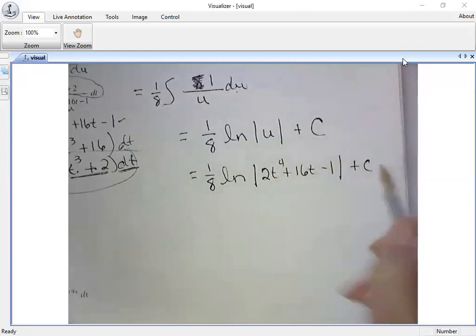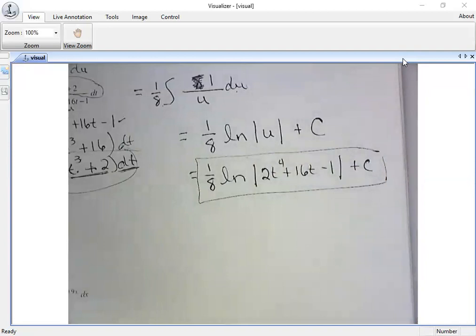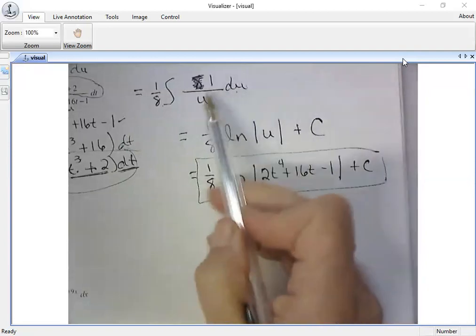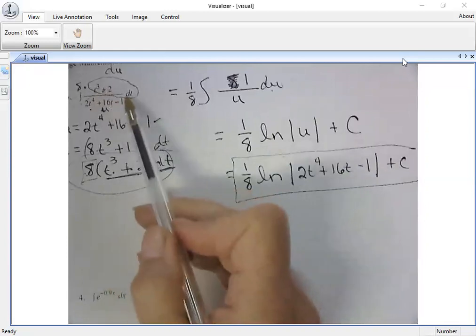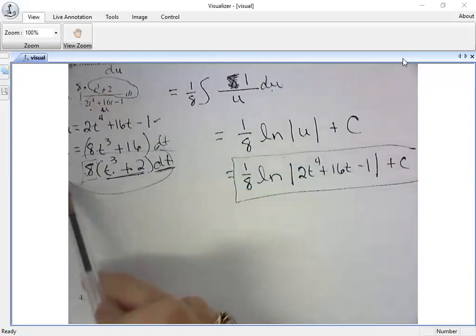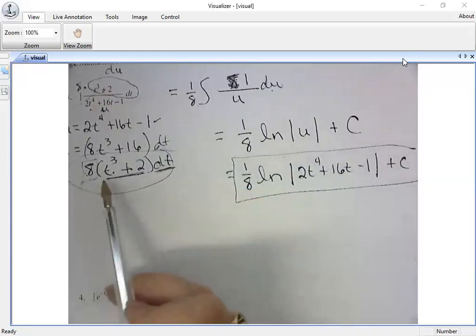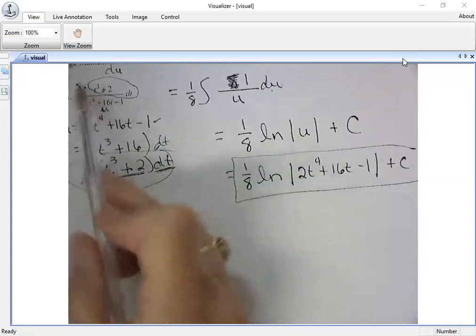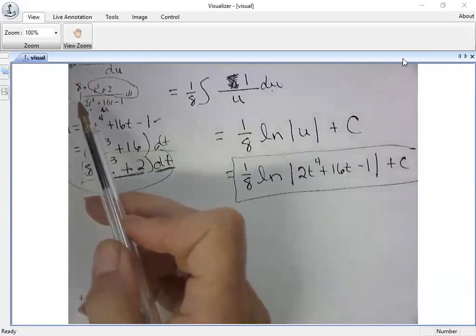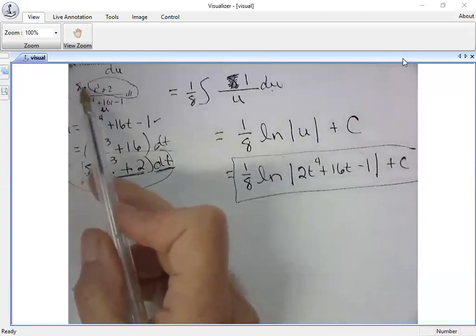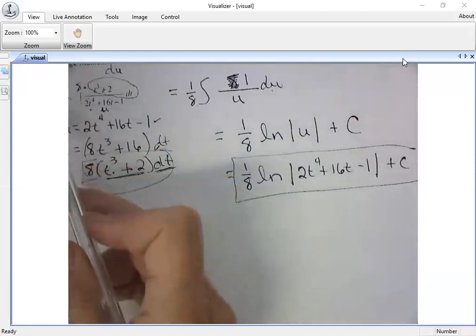Why do we keep the 1/8? Because when we replaced the t cubed plus 2 dt with a du, we had to have an 8 that was part of that to be a du, but in order to not change the value of the original, it meant we also had to multiply by a 1/8.